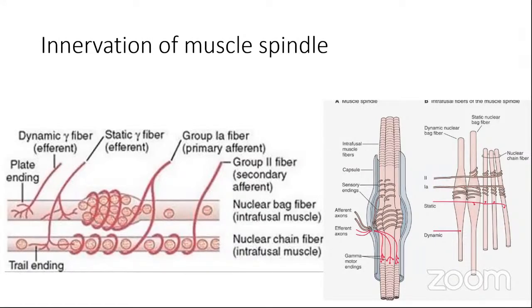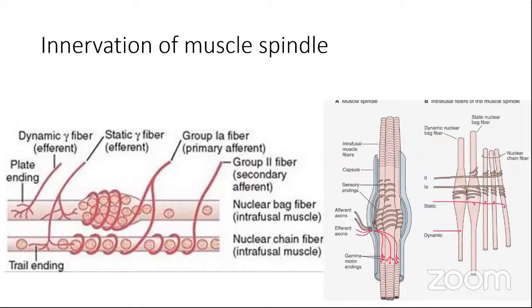Here on the left side, you can see the nerve endings that innervate the nuclear bag and nuclear chain fibers. As you know, the nuclear bag fiber has a globular middle portion, and the middle portion is innervated by primary afferent.